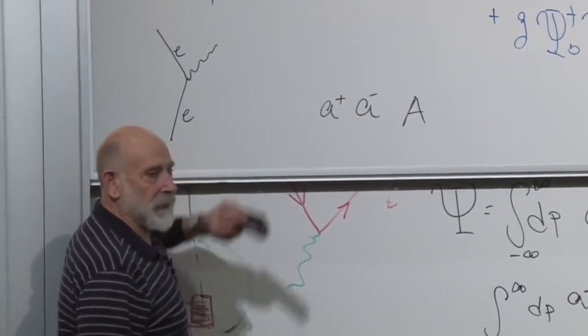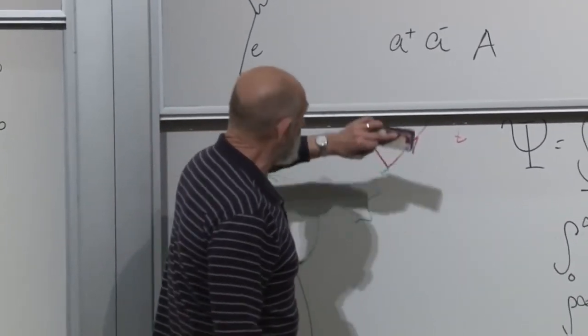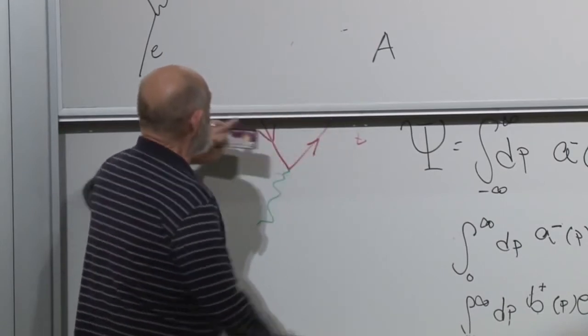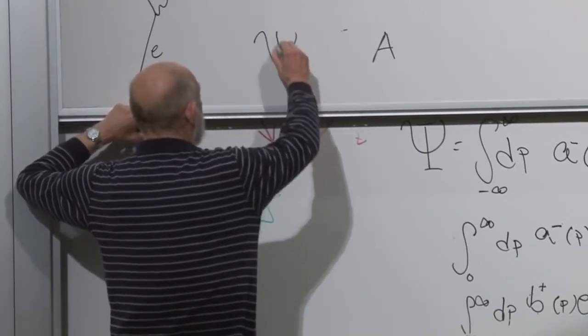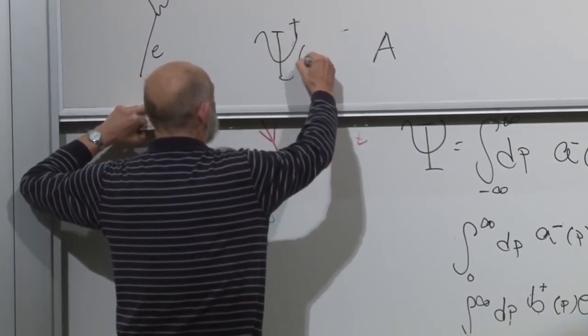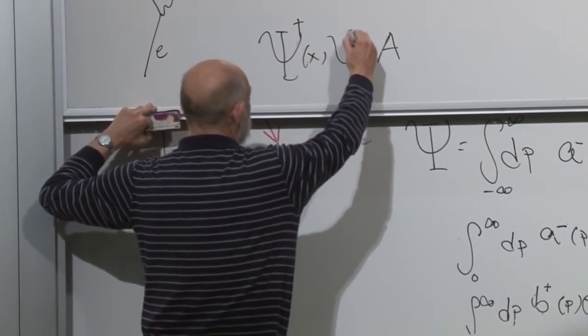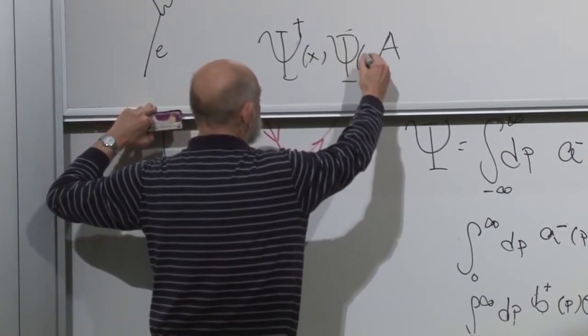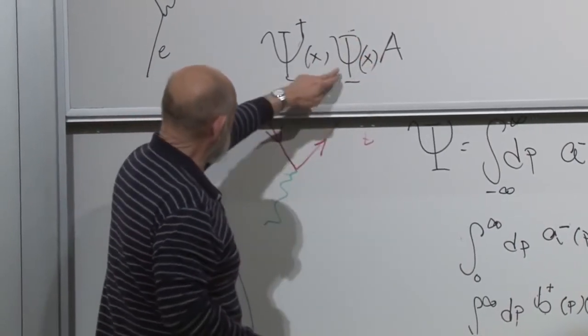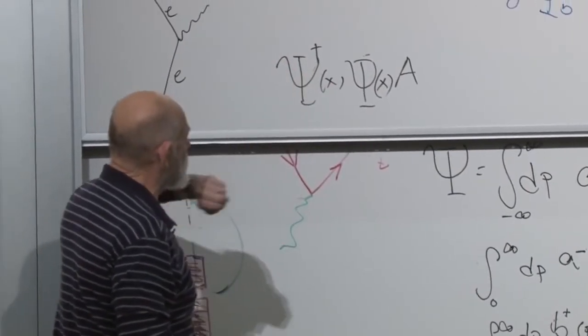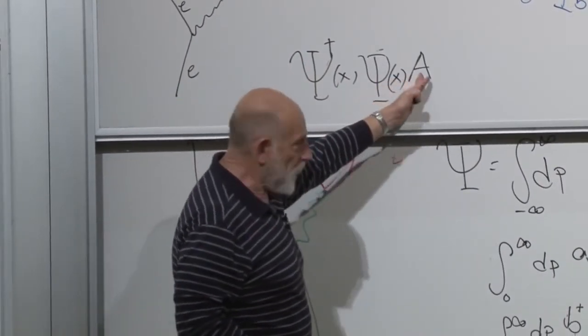You might suspect that this comes from a term in the Hamiltonian, and you'd be right, which would be psi dagger of x times psi of x times A. An annihilation operator, a creation operator, and a photon operator.